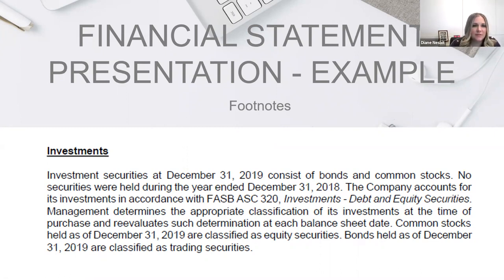And then just the ASC that's being followed, and then outlining that management determines the appropriate classification of its investments at the time of purchase, and then will reevaluate such determination at each balance sheet date. And then here's where we're putting in this narrative that common stocks held are classified as equity securities and that bonds held are classified as trading securities.